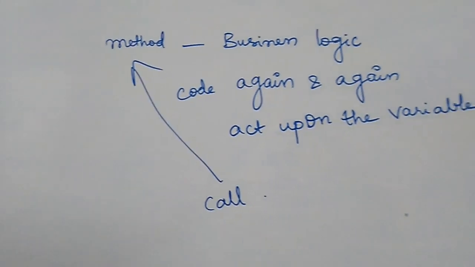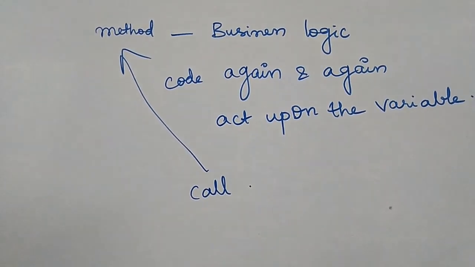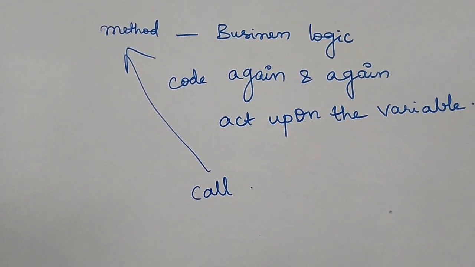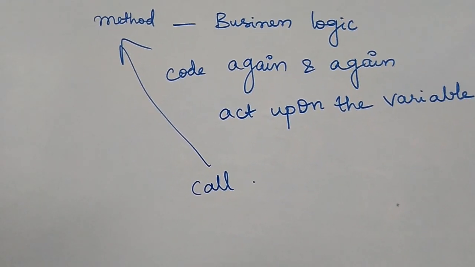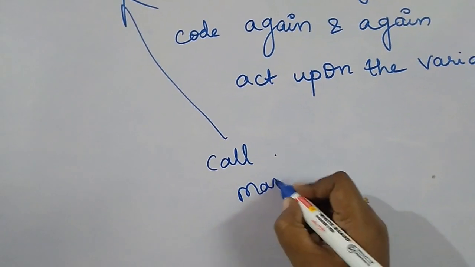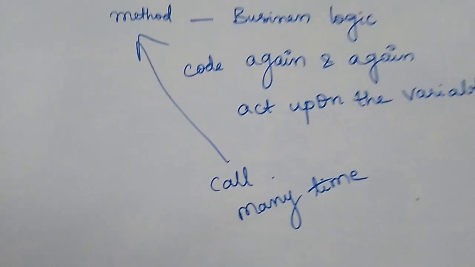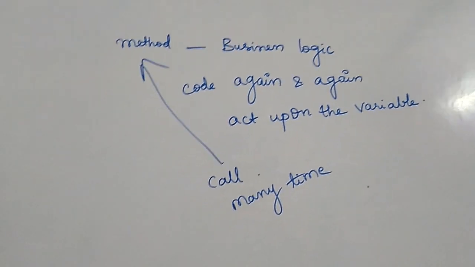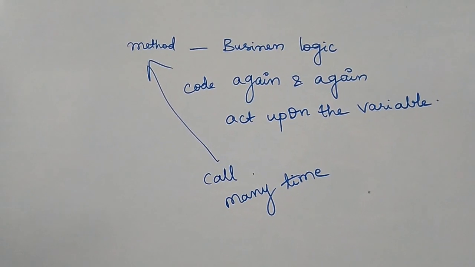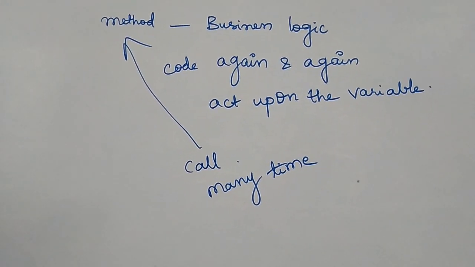It will not execute on its own. We have to call the method with certain parameters, and it will work for the parameters that we pass, and you can call it n number of times. There can be many methods inside a class, a method executes only if we call it, and you can call the method n number of times.